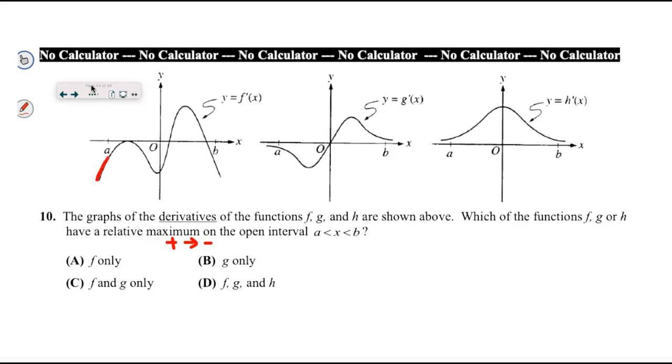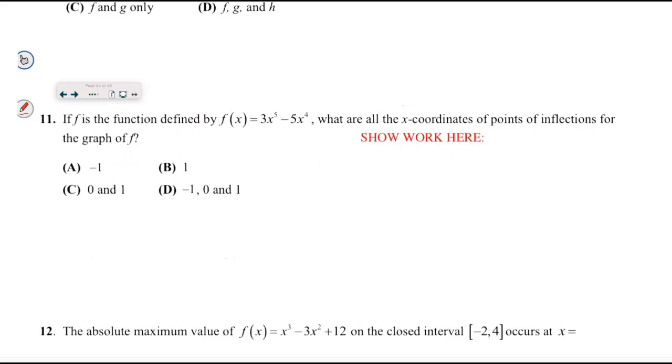My derivative here goes negative to 0 to positive. This one has right there the location of it. None of the others ever cross the x-axis from above to below. So F only for 2 points. That was either 2 out of 2 or 0 out of 2.